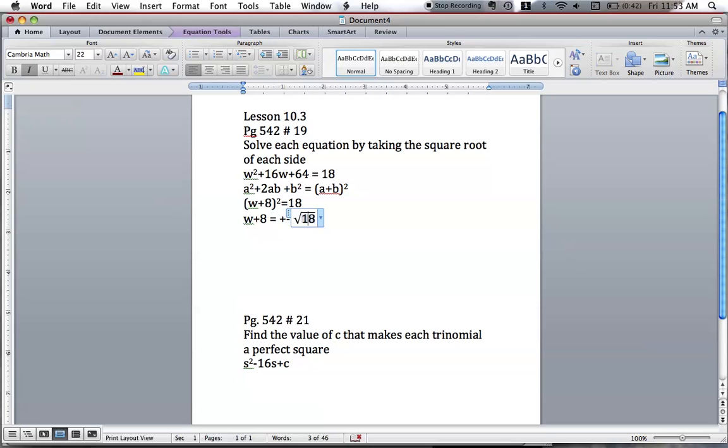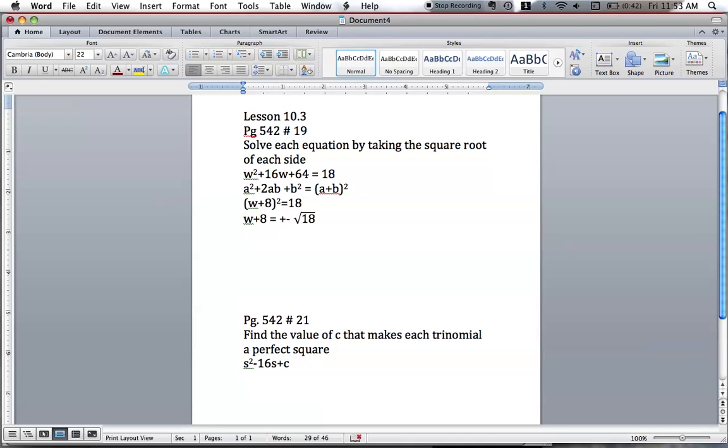Whatever the value of the square root of 18 is, it would be somewhere between 4 and 5. If you take that number and make it negative, multiply it by itself, you'll get 18. And clearly if it's positive, multiply it by itself, you'll also get 18. That's why we include this plus minus sign.